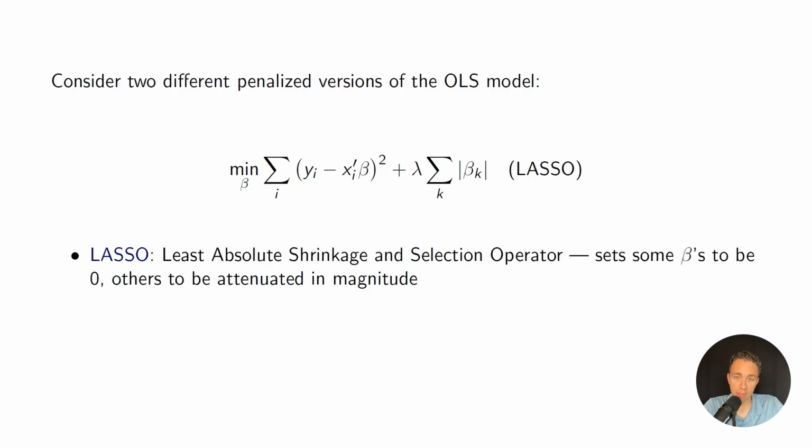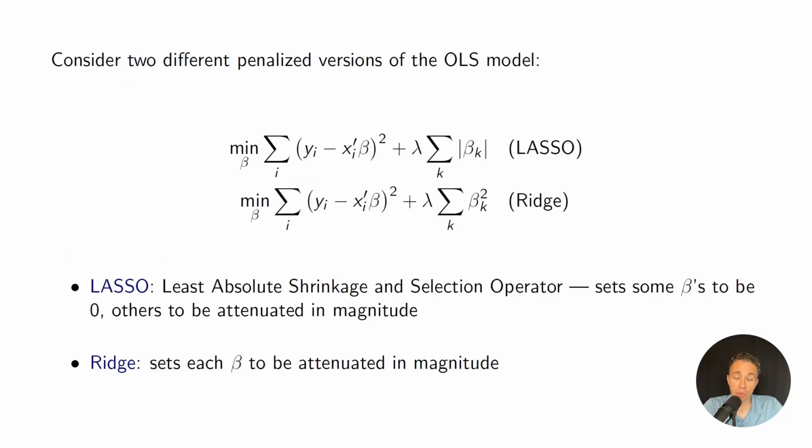So we're going to set some betas to be 0, and others we're going to attenuate towards 0. And then another option would be ridge regression, where we have the same penalty term, except instead of using the absolute value, we're going to square the value of the beta k. And so in this one, we're going to have betas that are just attenuated in magnitude. They're not going to ever get to 0.